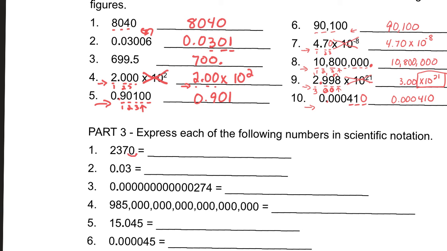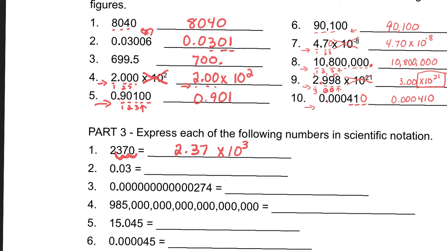So if I move the decimal this, this, and this, 2.370 is between 1 and 10. So this number is going to be 2.37. Now, this only has 3 significant figures, so I'm not going to add that 0 in, but I'm going to put down how many times I move the decimal place. So 10 to the 1, 2, 3, so it's 10 to the third. However many places I move that decimal is what the exponent's going to be on that 10.